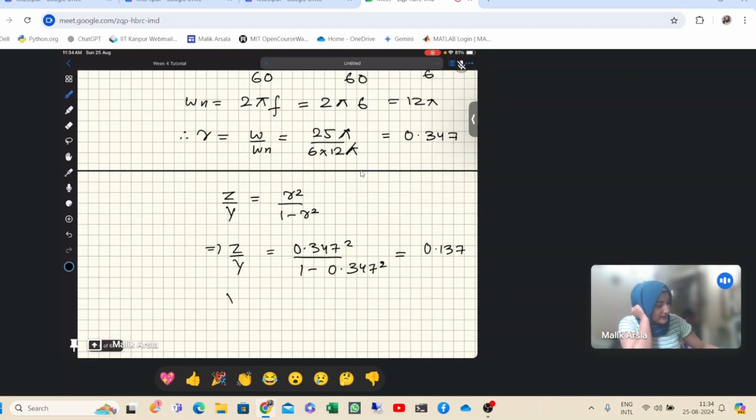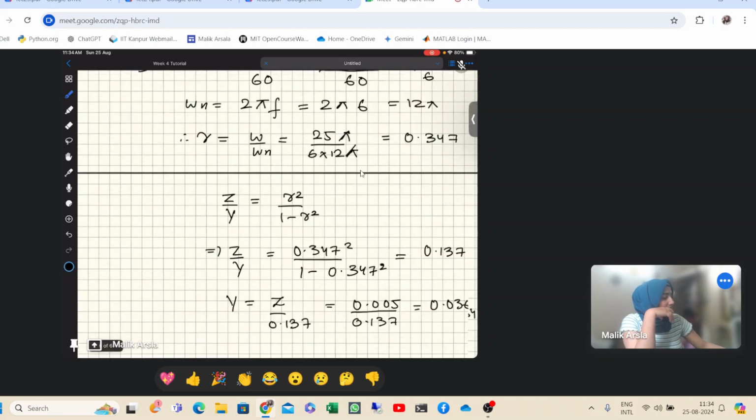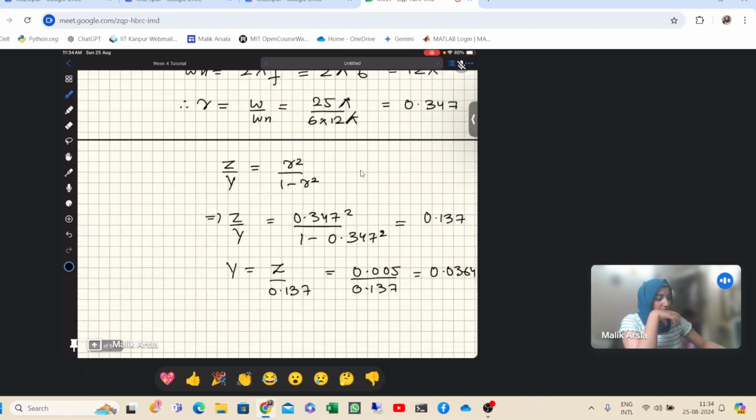Now from here y is equal to z upon 0.137, so it is 0.005 upon 0.137, and it is equal to 0.0364. Okay, so this is y.